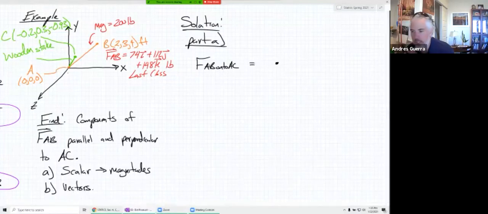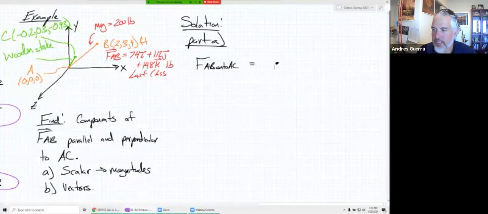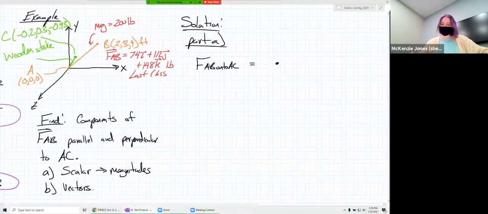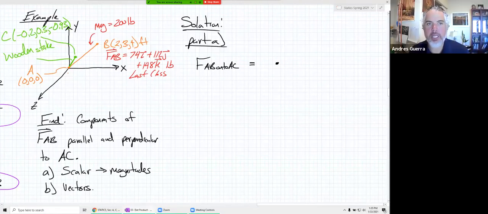Mackenzie Jones, what should I have on the left side of that dot? What kind of vector do you think it'll be?